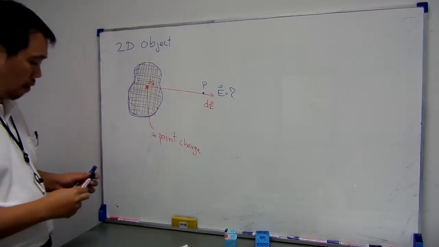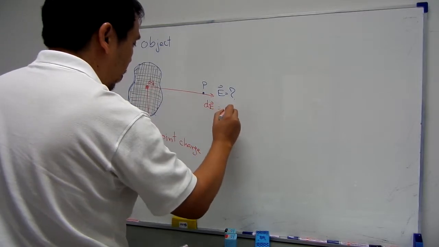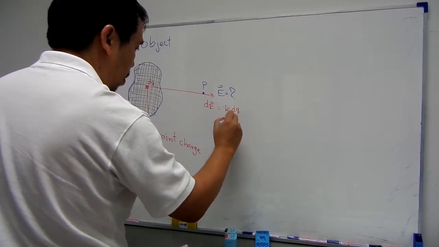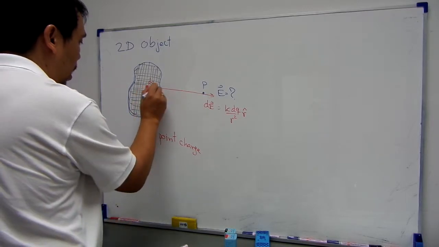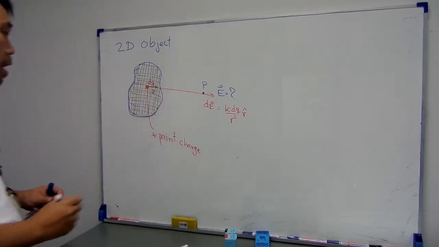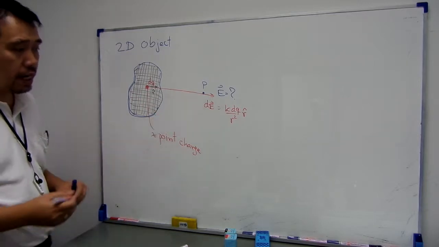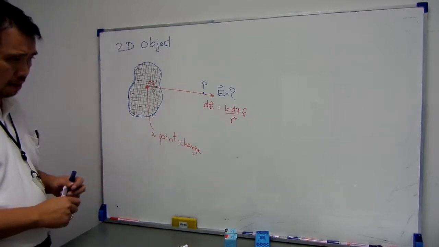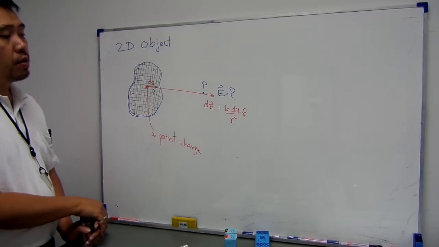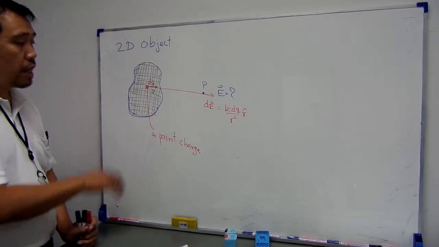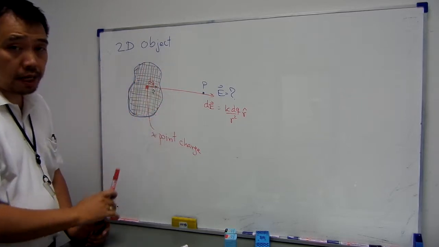We have that dE is equal to k dQ over r squared times the unit vector r, where the unit vector r points from the point charge dQ to point P. Now, to calculate the total electric field, we just add up the electric field from every piece on this object.